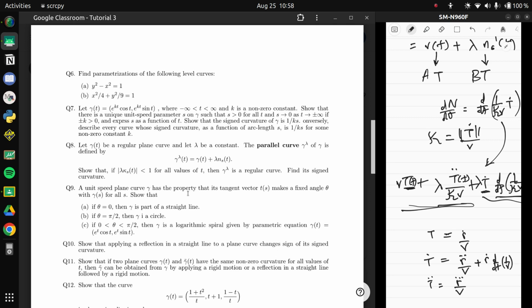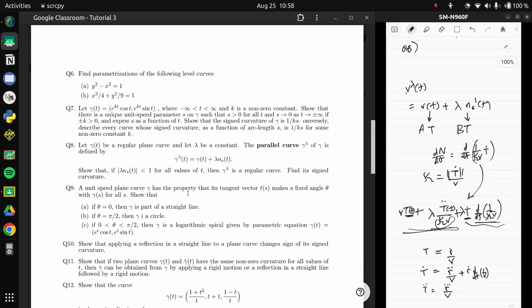So if this is regular, then if lambda kappa s t is less than 1 for all values of t, then this is a regular curve. Well, what happens if it's less than 1? Then this quantity is bigger than 1. Yeah, lambda kappa of s, that doesn't make sense. t dot is that stuff, so it's just the derivative of that.